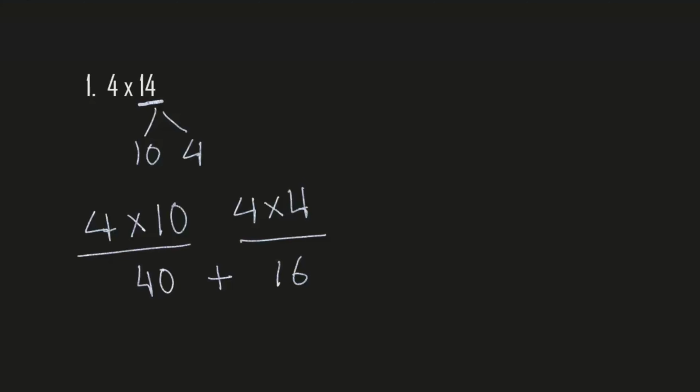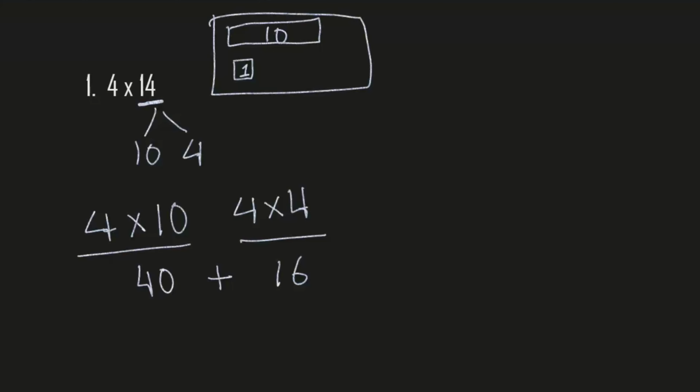So first, let's make an array. We're going to use this to represent 10 and use this to represent 1. Now, let's say this is our key. So let's just box it.